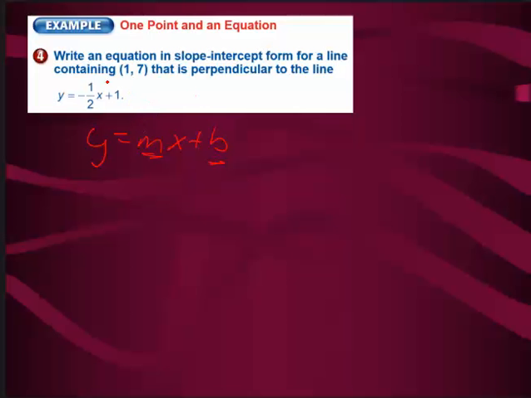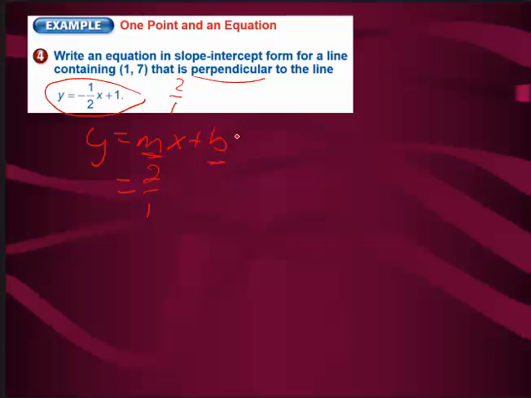If it's perpendicular to this line, what does that tell me about the slopes? Remember, perpendicular slopes are opposite reciprocals. So I need to flip this upside down and change the sign. So instead of 1/2, it's going to be 2/1. Instead of negative, it's going to be positive. I can put that in here for my slope.